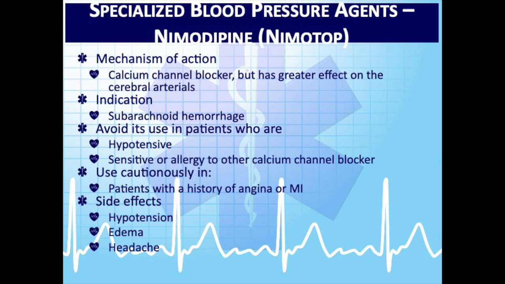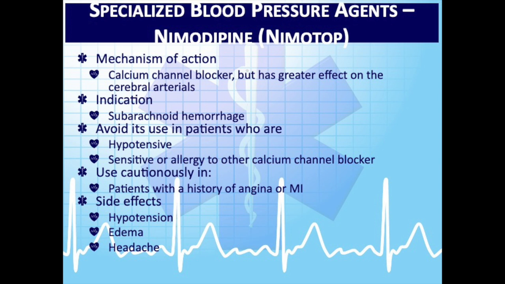If they have any other allergies to a calcium channel blocker, you do not want to use it in those patients. The difference with Nemotop or Nimodipine and diltiazem is that Nemotop doesn't affect the heart rate as much as Cardizem or diltiazem does. It's a different calcium channel blocker than that one.